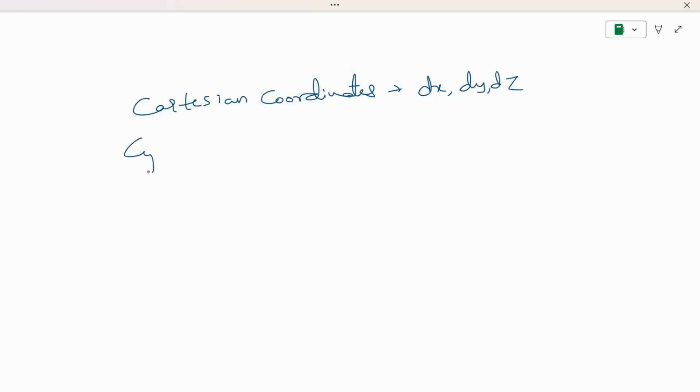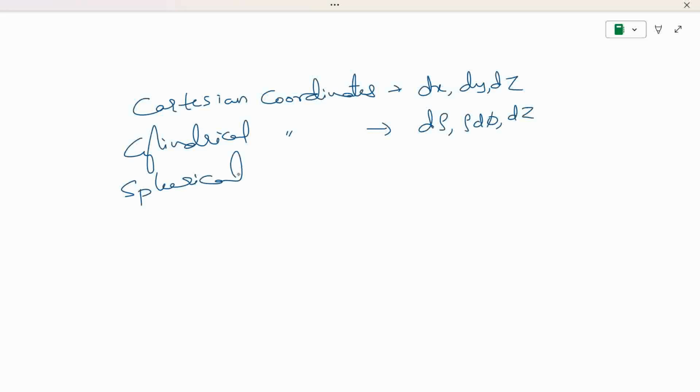In cylindrical it will be d rho, rho d phi and dz. And in spherical, see the lectures on cylindrical coordinates, where I have explained in detail how they are implied.